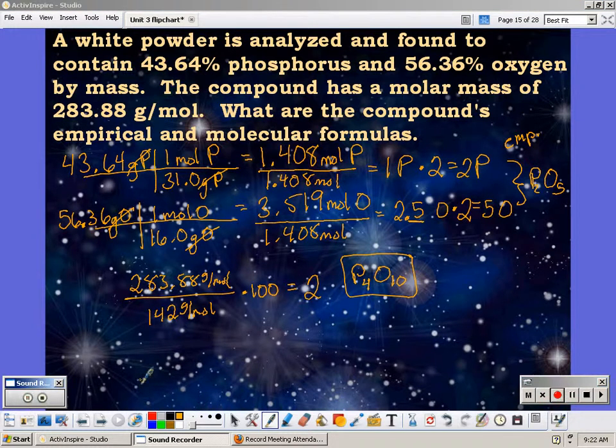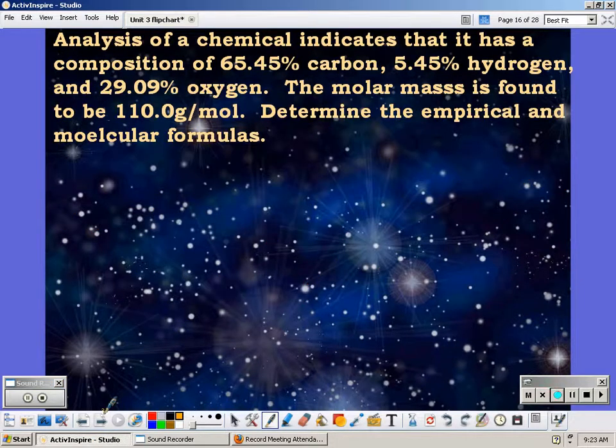Alright, if we look at another example, we have analysis of a chemical indicates that it has a composition of 65% carbon, 5% hydrogen, 29% oxygen.